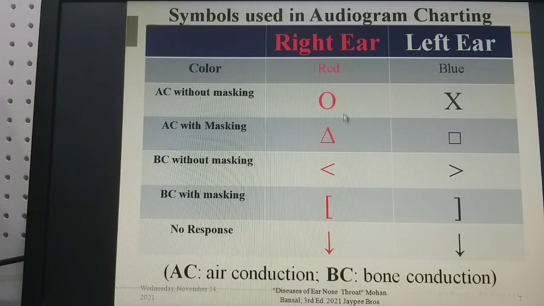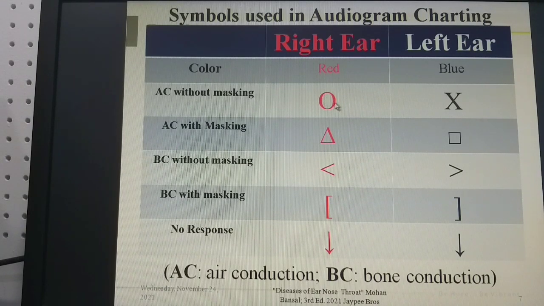This red color, wherever it is, means it is for the right ear. And for the air conduction, you can see this circle O, round. So you can remember, right ear, red color, and this rounded sign for the air conduction for the right ear.